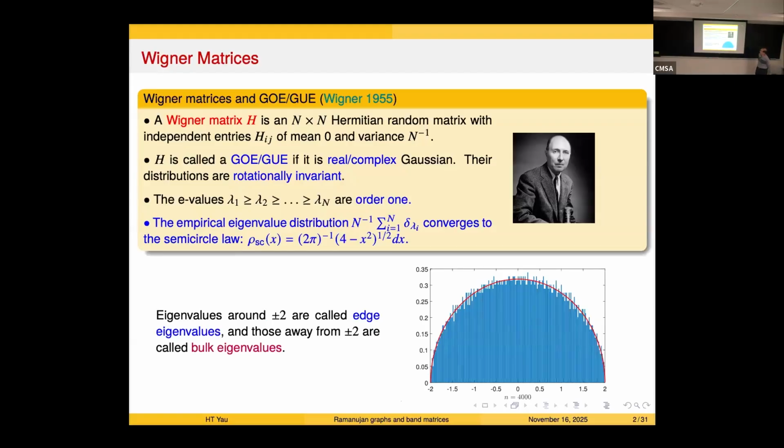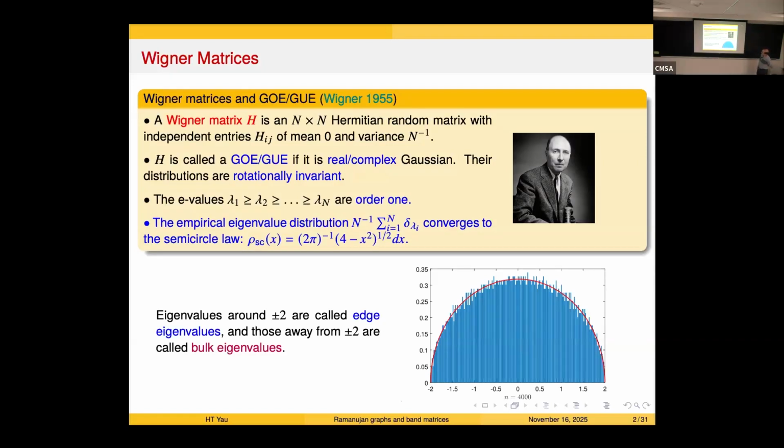So this is not geometry, so it's a bit different, but the question is fairly easy to understand. Wigner matrices are n by n Hermitian matrices, and the matrix elements have mean 0 and variance 1 over n.